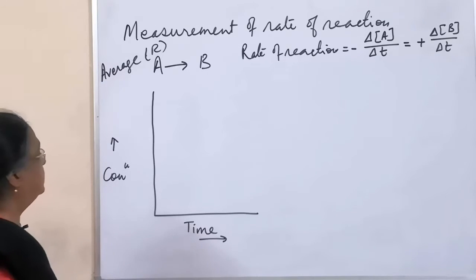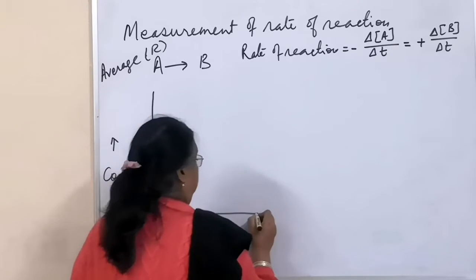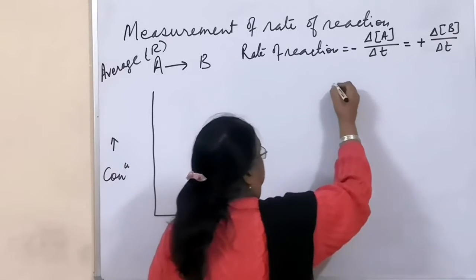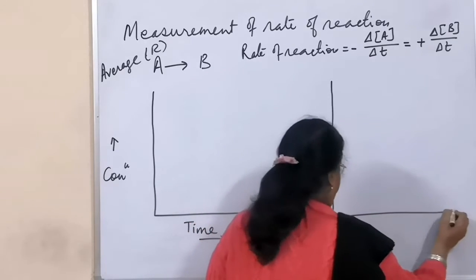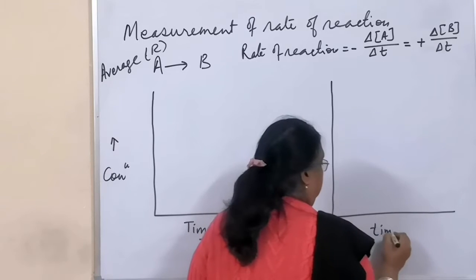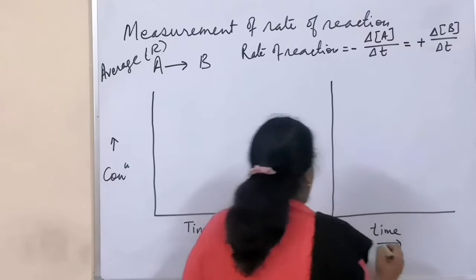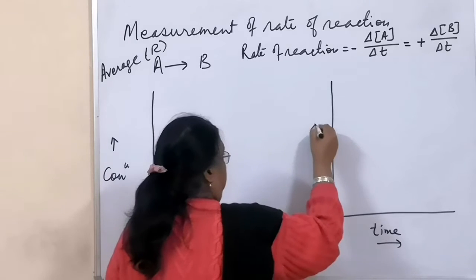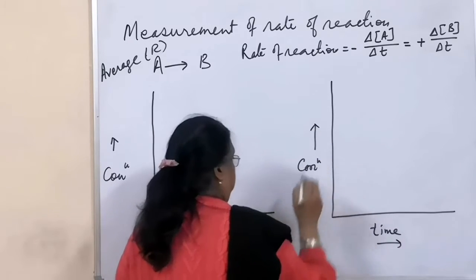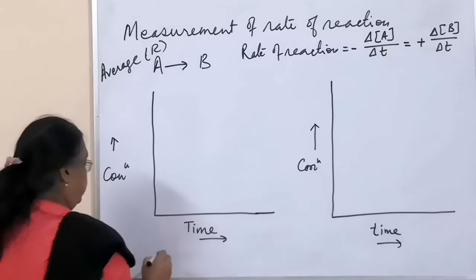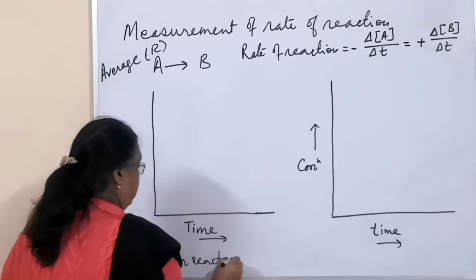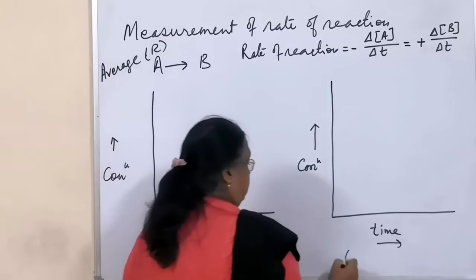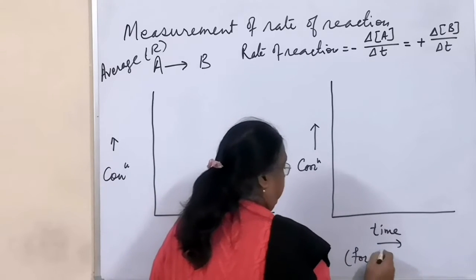For that, I will first plot two graphs. One graph will be for the reactant, to find out the rate of the reaction in terms of reactant, and the other graph, for the product, to find out the rate of the reaction in terms of the product. So this is for the reactant, and this is for the product.